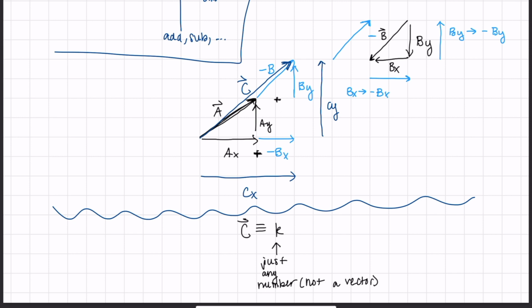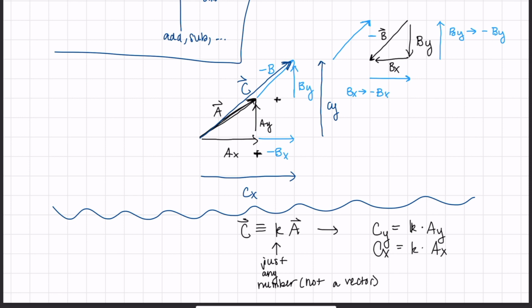Any scalar quantity times A is going to distribute. Actually, I think the magnitudes do scale, but let's just think about it component-wise. CY is going to be that constant times AY. CX is going to be that constant times AX.